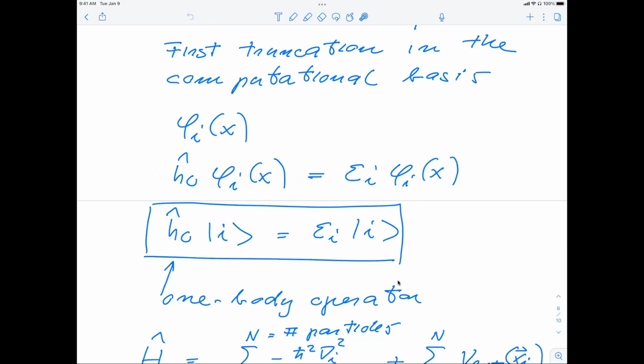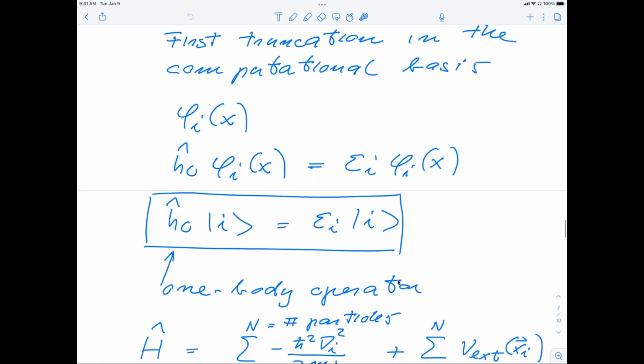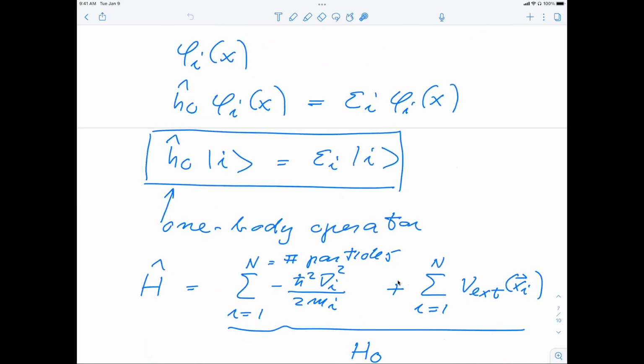So for the harmonic oscillator, these are given by Hermite polynomials multiplied with an e to the minus x squared term. So there you can actually use the basis set, and the thing which is important for us when you do many-body physics is that you can use this basis set to calculate transition probabilities and matrix elements of operators.